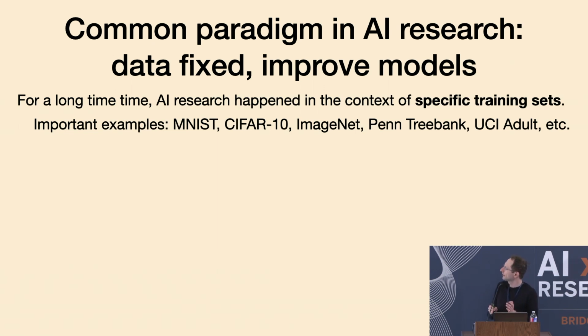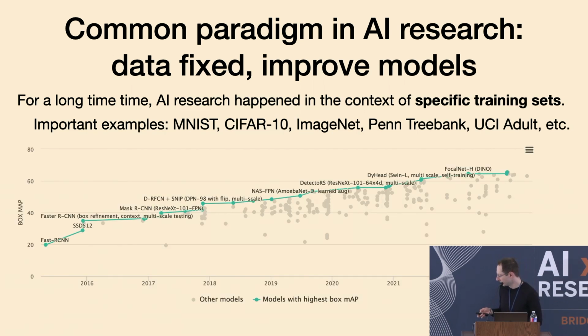What I mean by that is that we have sort of like a set of standard data sets in the community, like MNIST, CIFAR10, ImageNet, Penn Treebank. This is old now, but new data sets for language processing would be MMLU, HellaSwag, and so on. And the whole game the community plays in the end on these data sets is, here's a fixed data set, let's push up the model numbers as high as we can. And then what you get is plots like this over time.